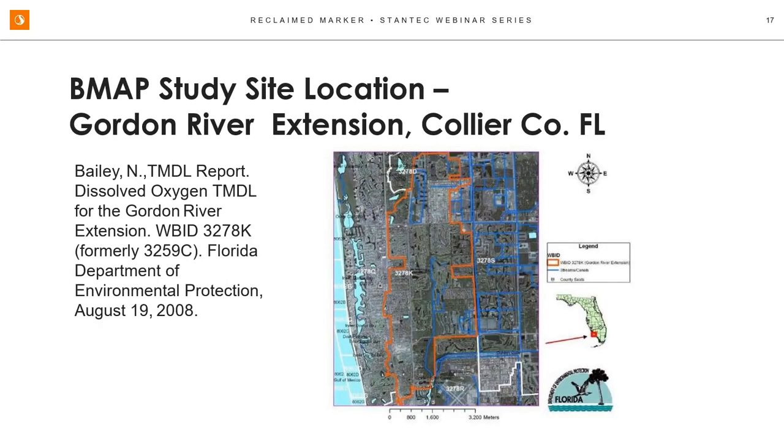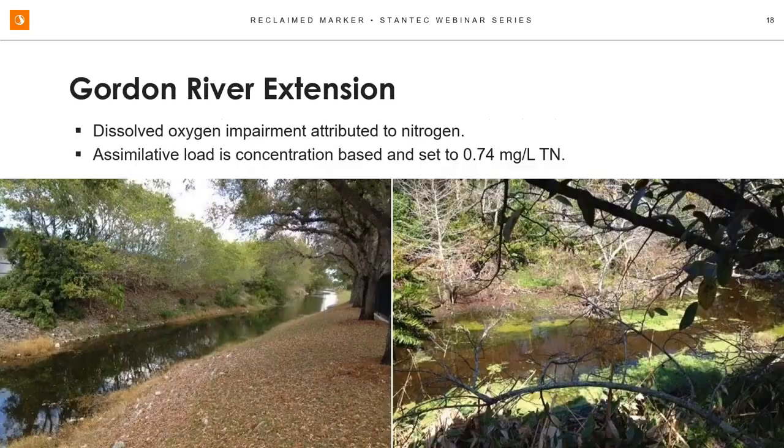And so for the second study, Florida DEP actually gave us a BMAP study site location to focus on. That was the Gordon River extension, Collier County, Florida. This is basically a watershed that is in the city of Naples in Florida.